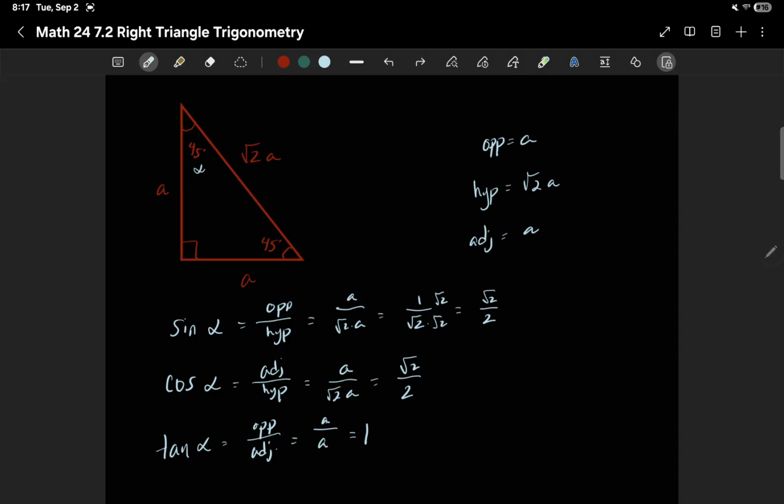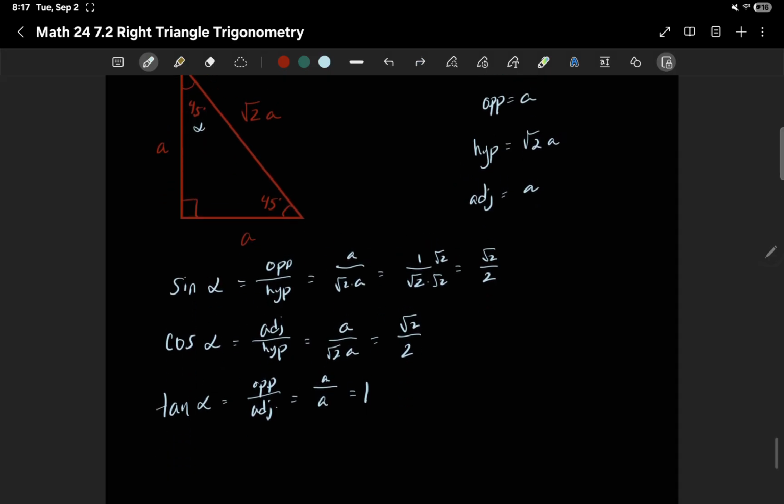Like I said before, this is going to be very handy when we create our unit circle in the next section.